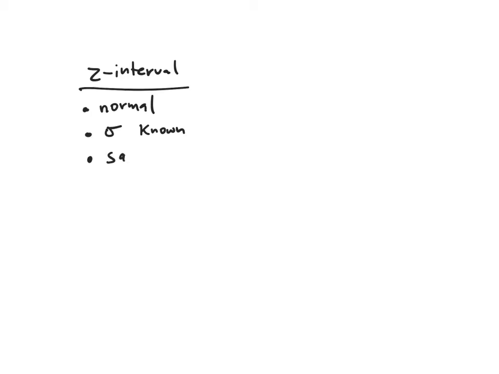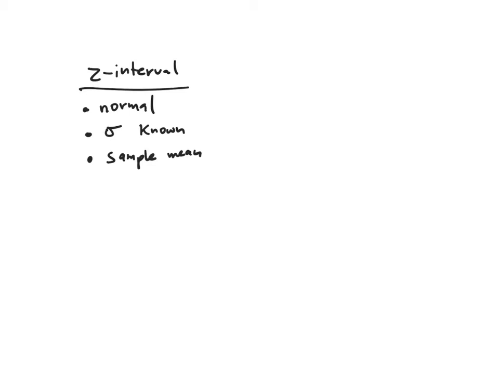One thing I want to note is, okay, for Z interval, a couple of things. Usually the distribution is normal. That's what's called Z interval. This value, sigma, is known. And that's about it. And then I guess I could say here we're dealing with a sample mean.